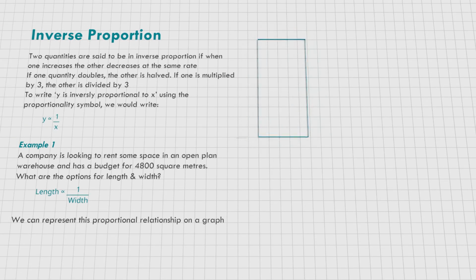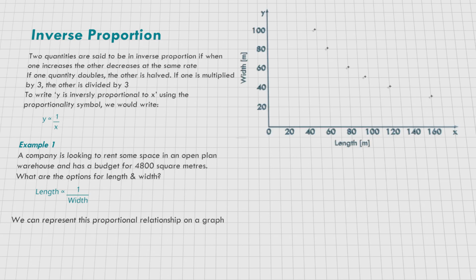We can represent this inverse proportional relationship on a graph. Graphs of inverse proportional relationships will always be curves.